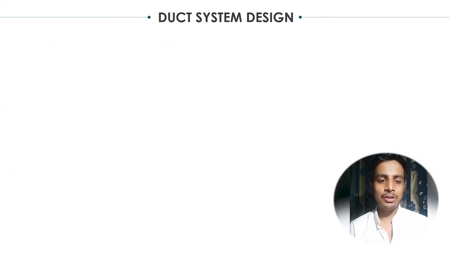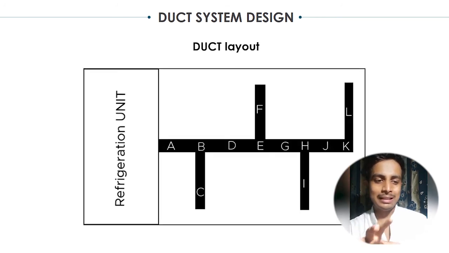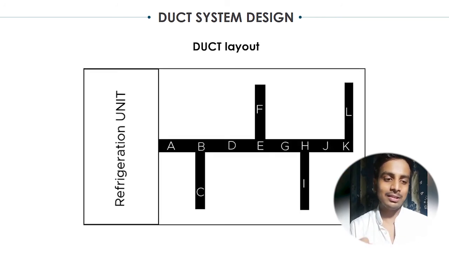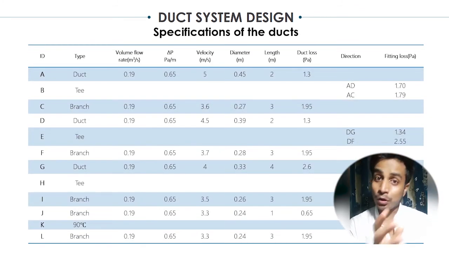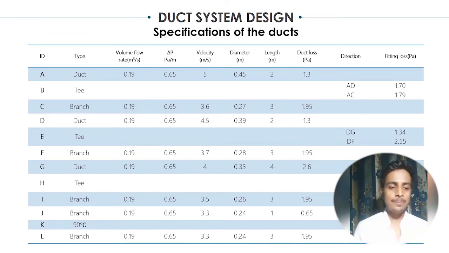In this slide we show what is the duct system, our actual duct system, and this is at the left side refrigeration unit, and at the right side we can see there are 4 chambers. And in the third slide we show the calculation for that unit.